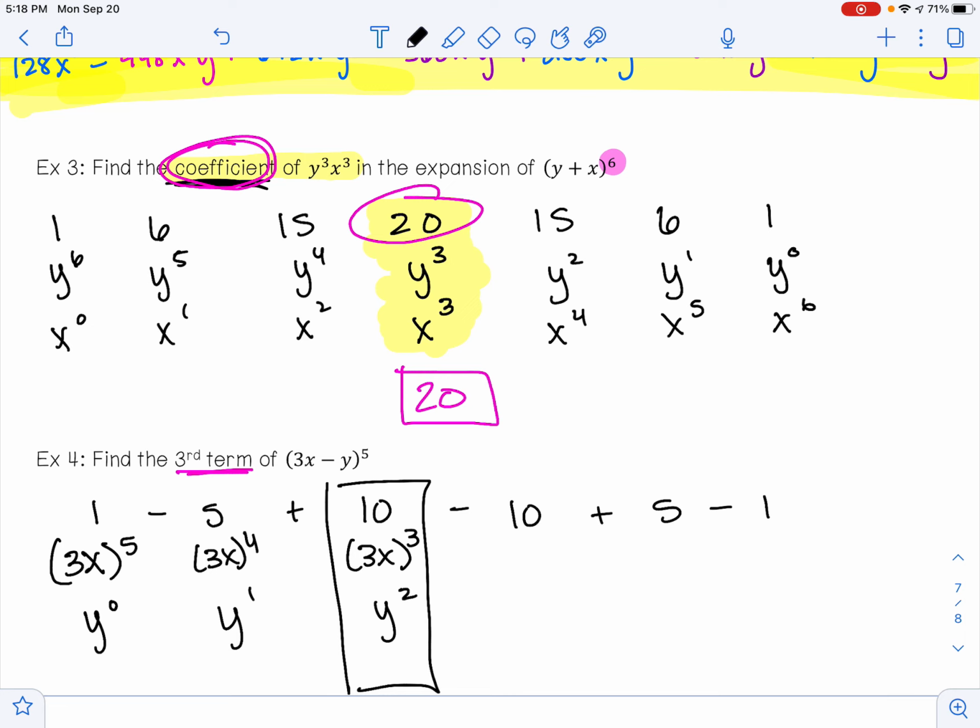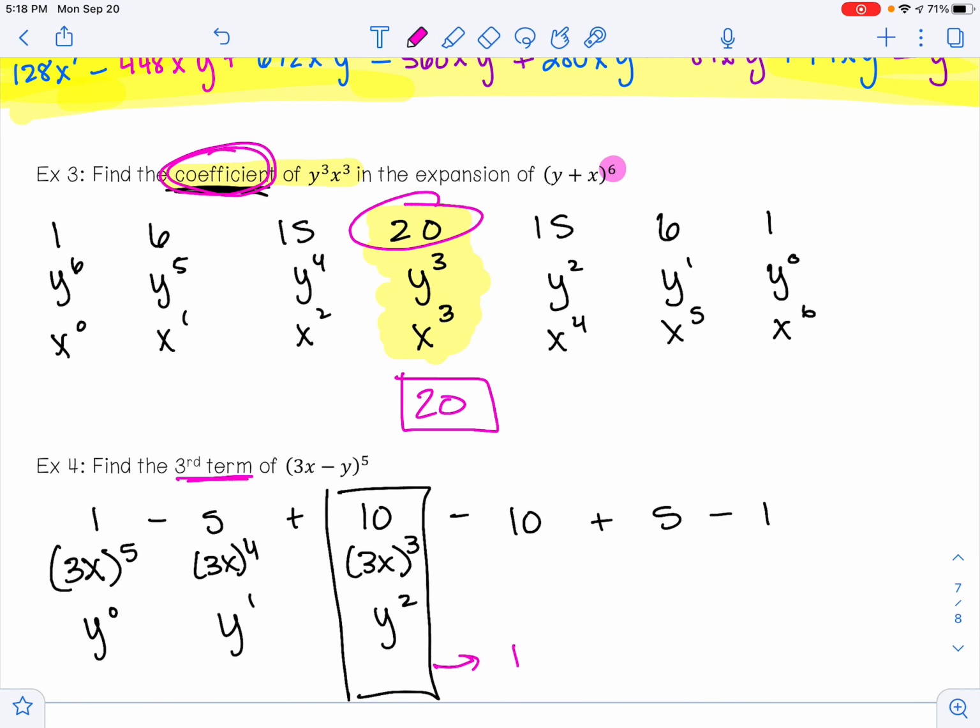So 10 times 3x cubed. Remember, 3x cubed means that I would have, let me write this out for you. So if I'm calculating this column here, I have 10 times 3x cubed means I have 3 cubed times x cubed times y squared. 3 cubed is 27. 10 times 27 is 270, x cubed, y squared.